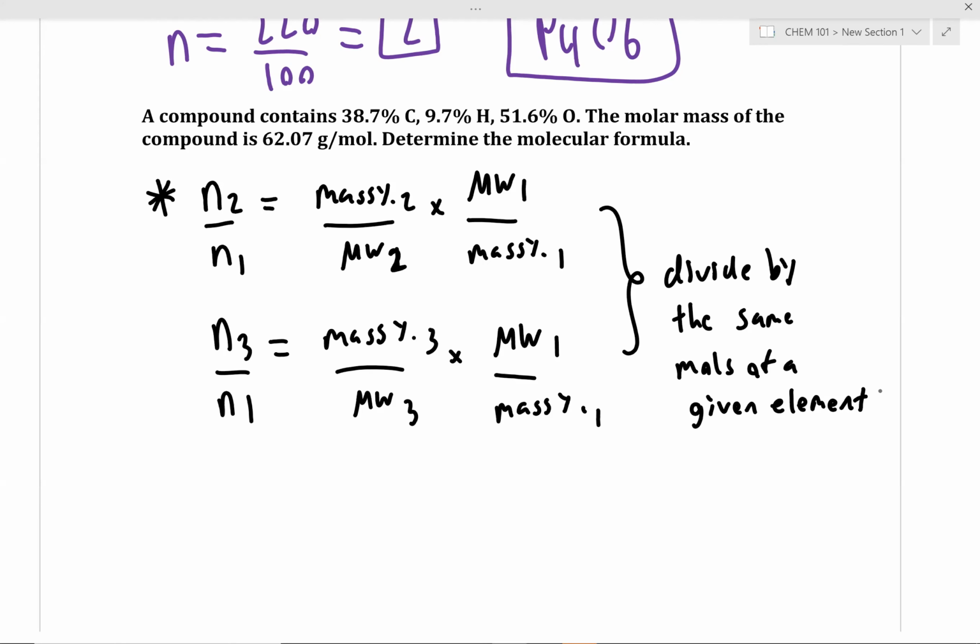And you have to remember, when you have your mole-to-mole ratio, you multiply everything by this. So you multiply this number by 3 and this.